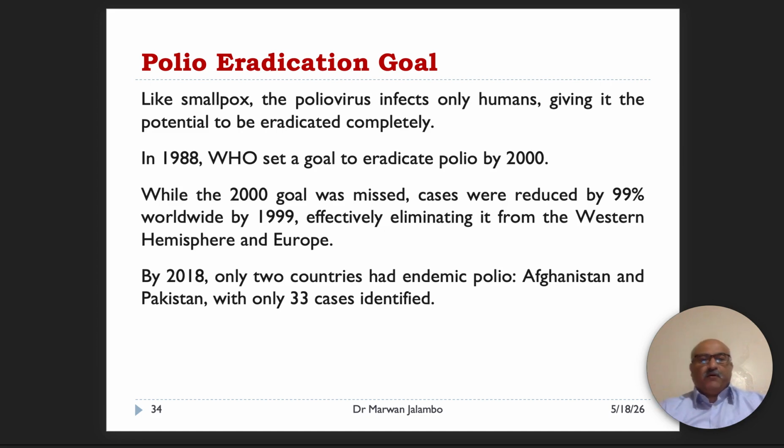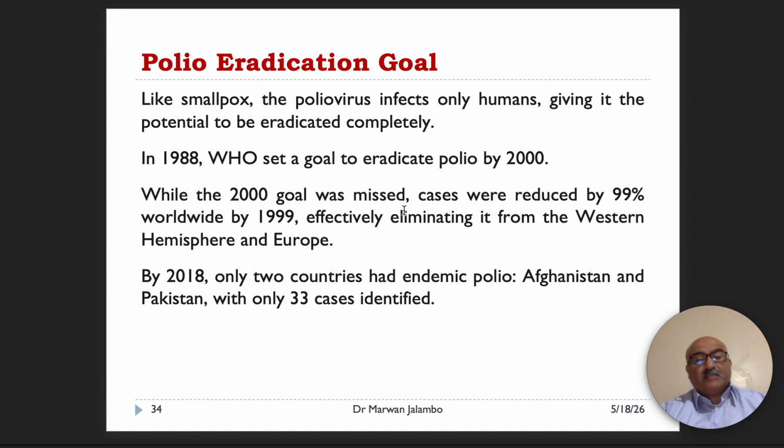Polio eradication goal. Like smallpox, the polio virus infects only human beings, meaning polio similarly has the potential to be totally eradicated. In 1988, WHO set a goal of eradicating polio by the year 2000.